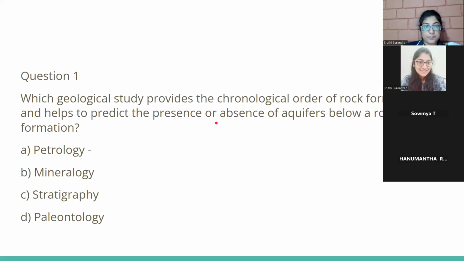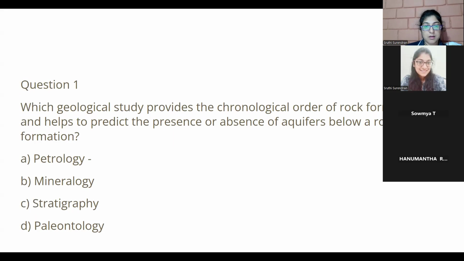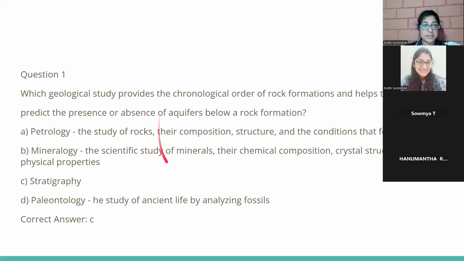First question, which geological study provides the chronological order of rock formations and helps to predict the presence or absence of aquifers below a rock formation? Okay, so the correct answer is option C.